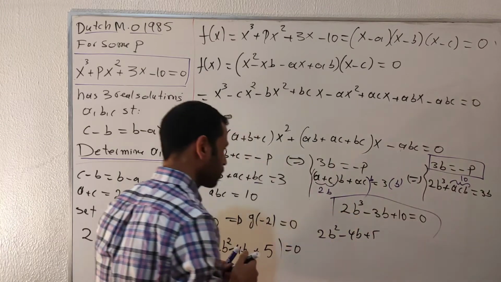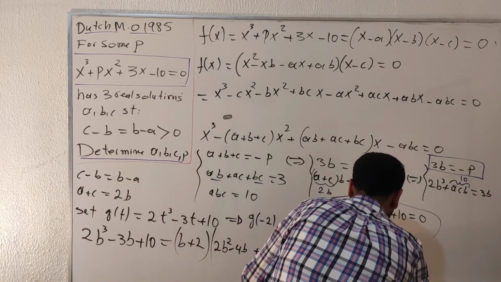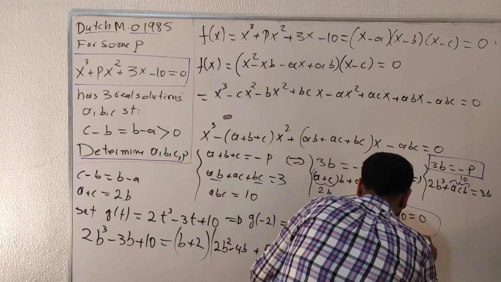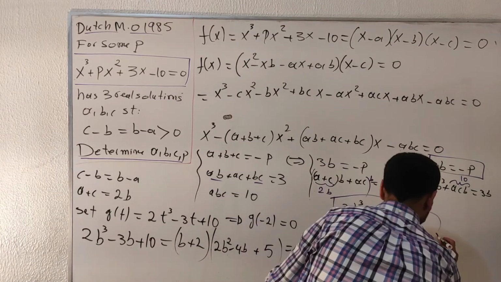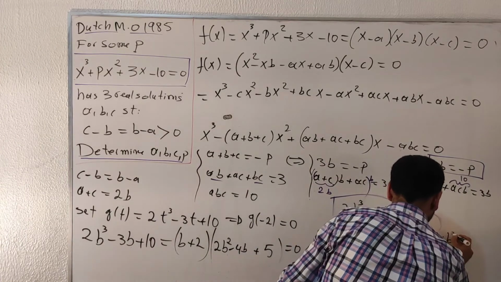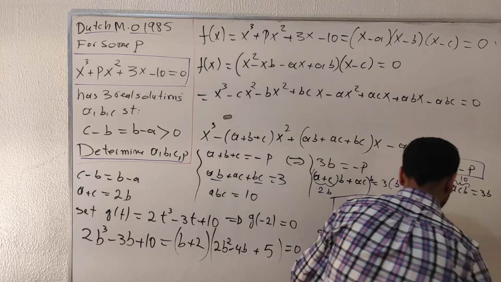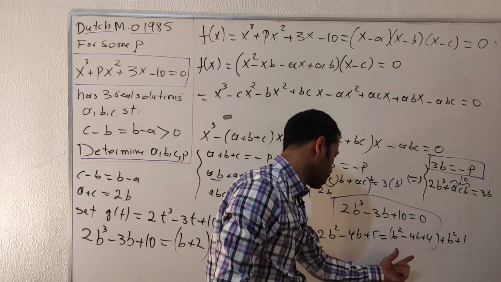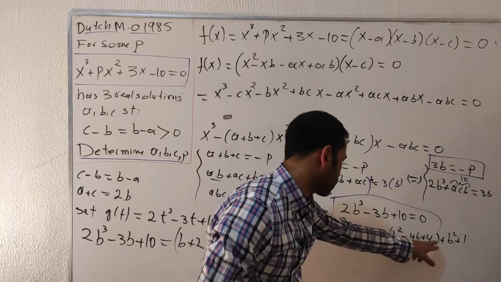Okay? So I'm going to use the trick here. I'm going to write this one as b squared minus 4b plus number 4 here, plus b squared plus number 1 here. Okay, I just split the terms. The first term was split into two terms, which is b squared plus b squared.